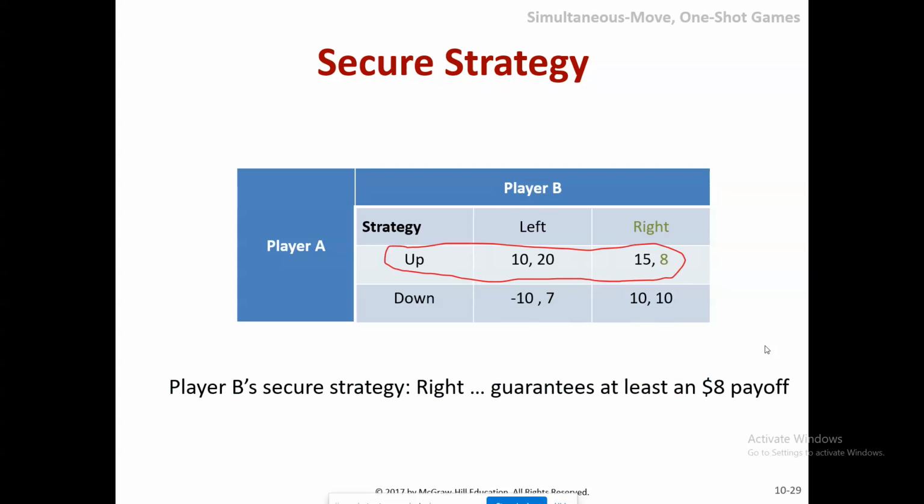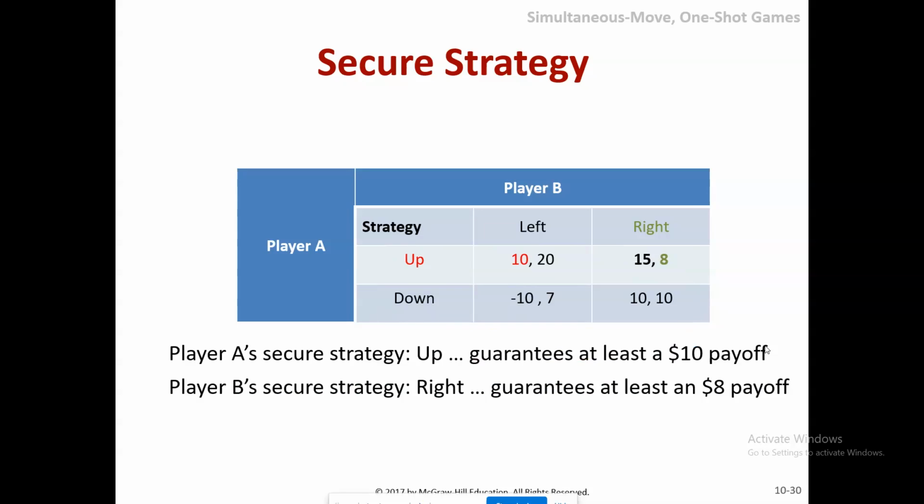If A chooses up, the worst payoff will be 10 when player B chooses left, since 10 is smaller than 15. If A chooses down, the worst payoff will be negative 15 when player B chooses left, since negative 15 is smaller than 10.